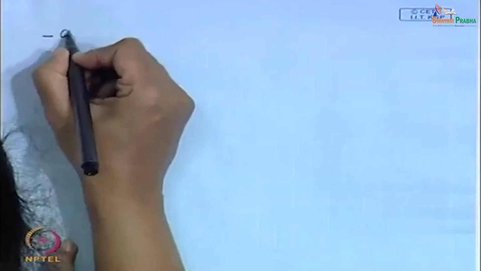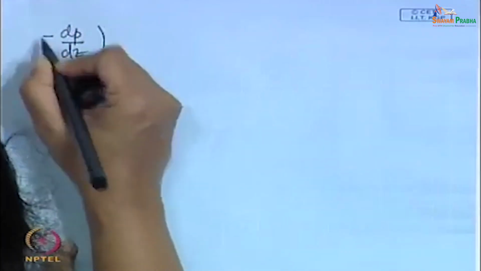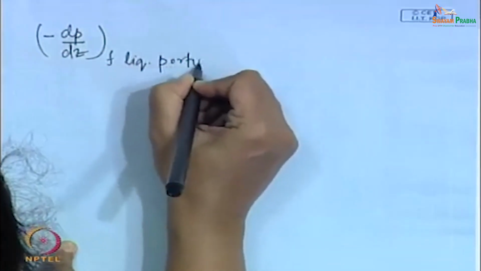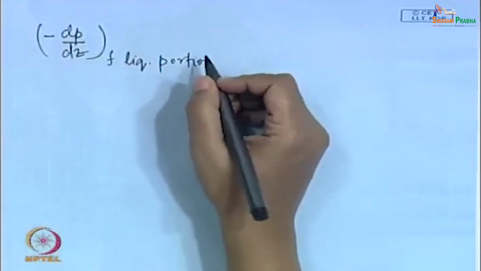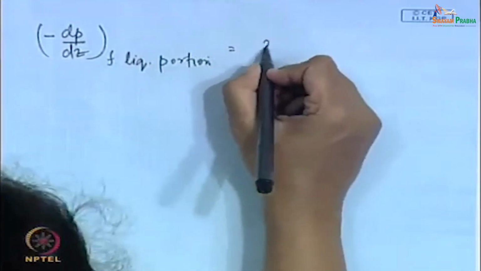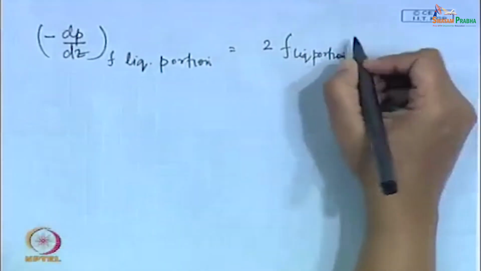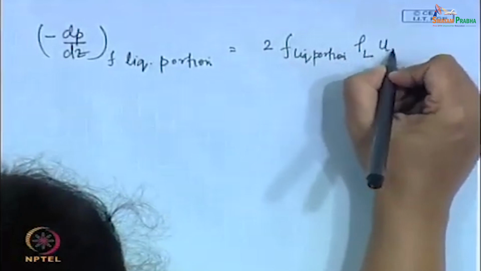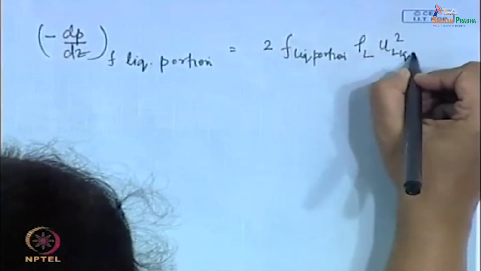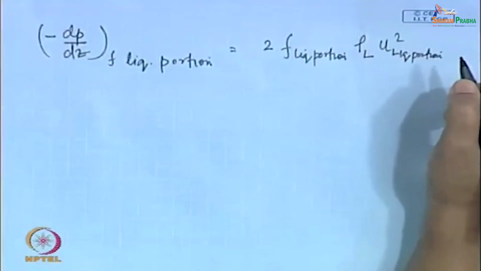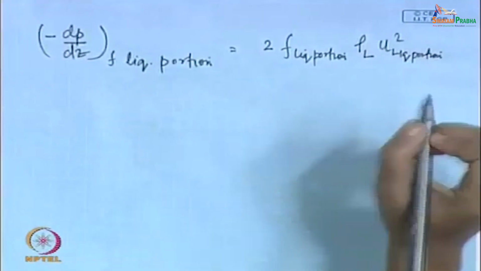Now, if we start from the basic definition, what do we get? What is this minus dp dz f liquid portion? Let us do the derivation and see what we arrive at. This is f liquid portion. So, therefore, this is nothing but 2f liquid portion rho L u L square, this is again liquid portion. Liquid portion means the in situ velocity of the liquid phase when it is flowing under separated flow in the conduit.